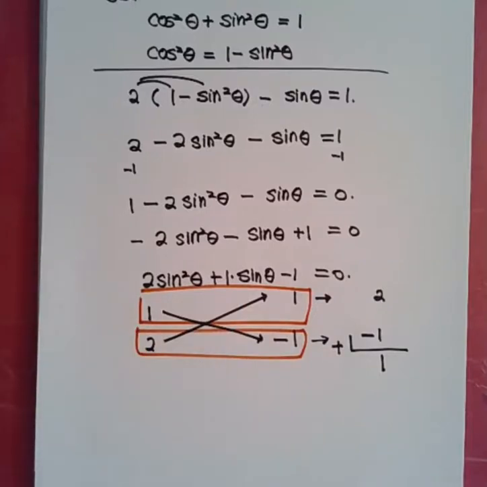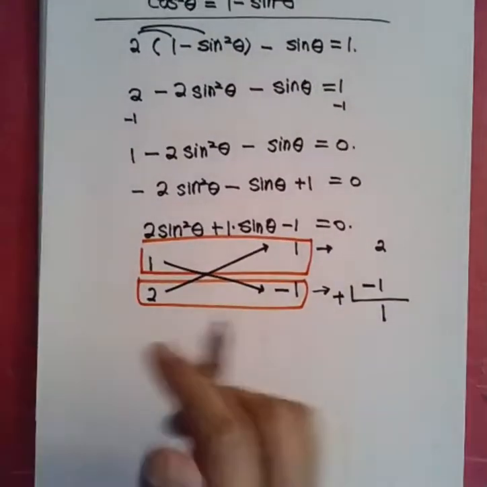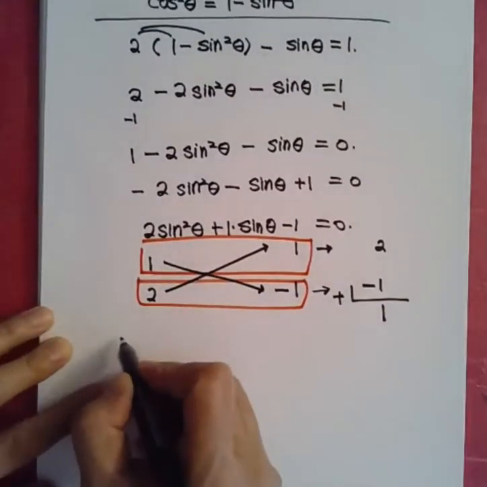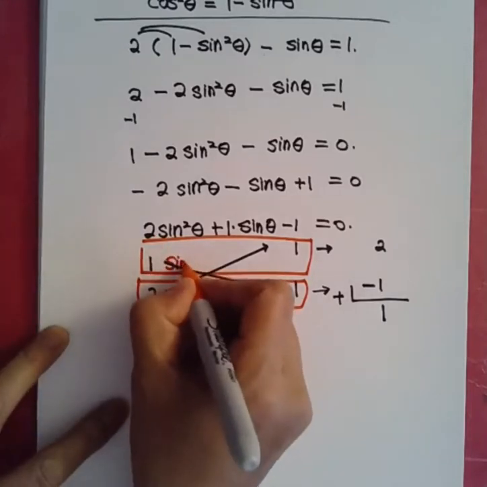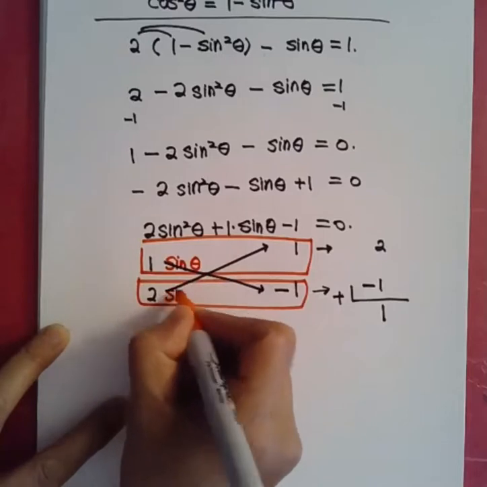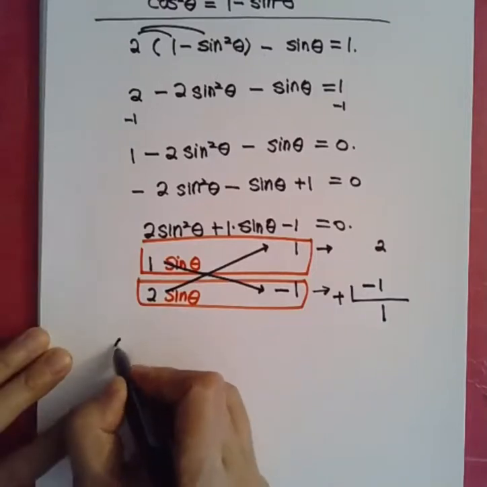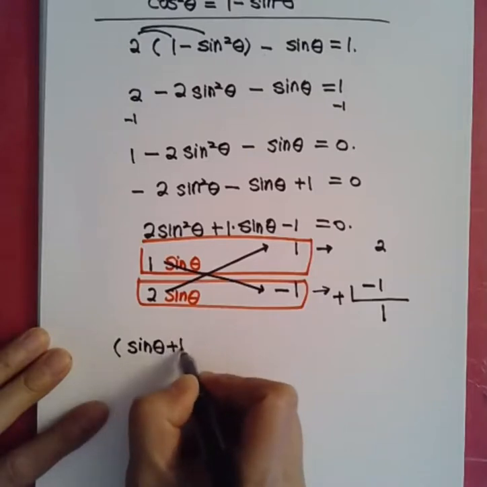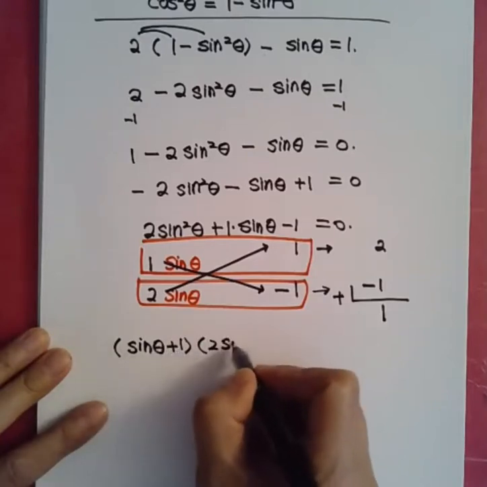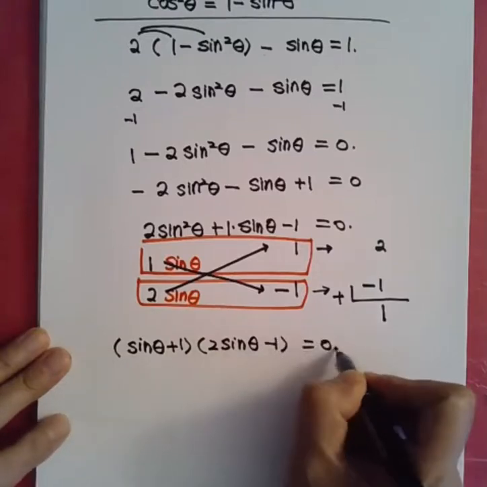We will combine those horizontally. Then we get, this time instead of x, we have to write sine of theta. 1 times sine of theta is sine of theta, so the factored form will be sine of theta plus 1 times 2 times sine of theta minus 1 equals 0.